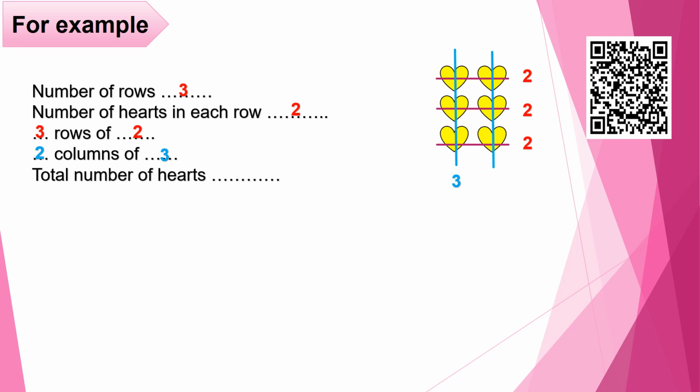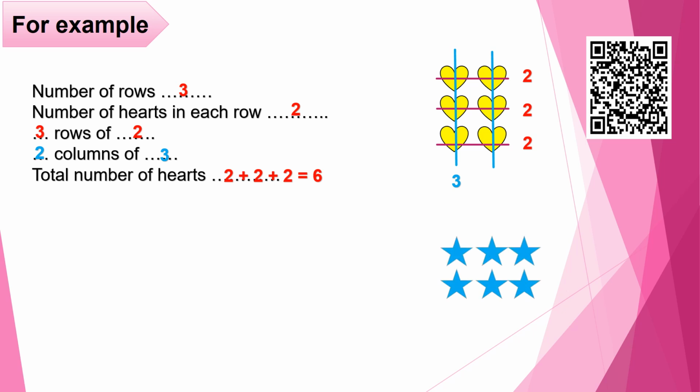The total number of hearts. Let's find the total. The total means the repeated addition. If we count by rows, we have 3 rows. Inside each row, we have 2. So we can say 2 plus 2 plus 2 equals 6.